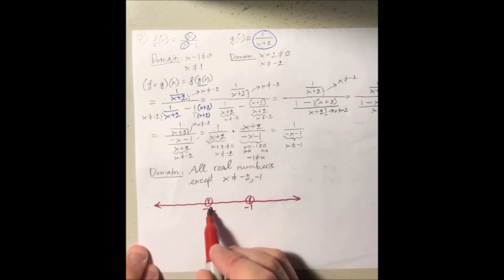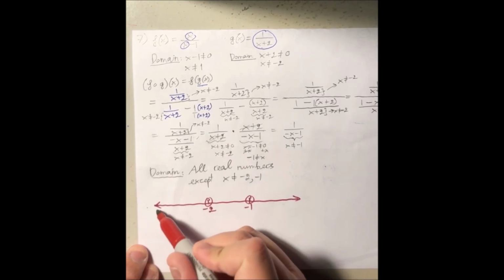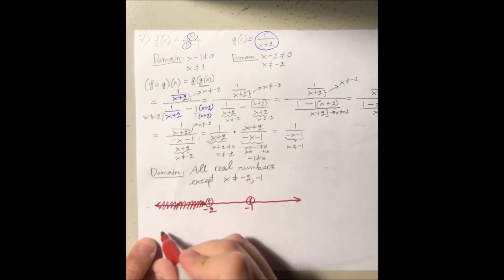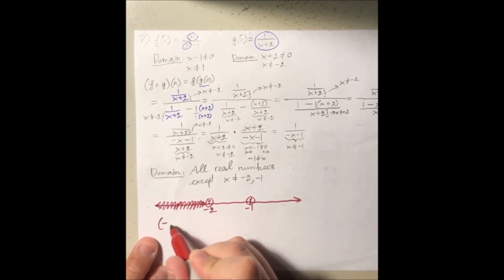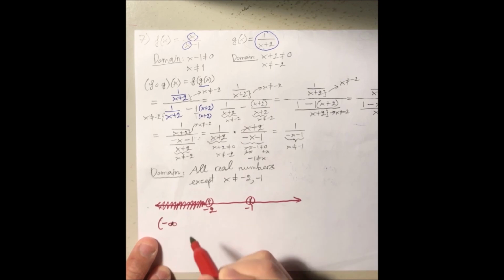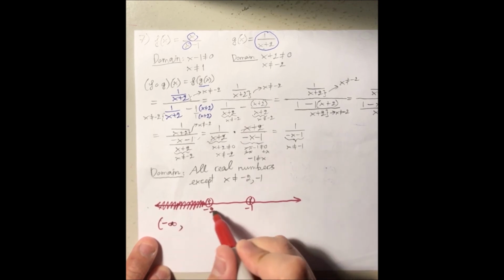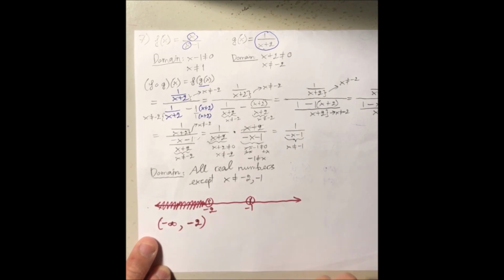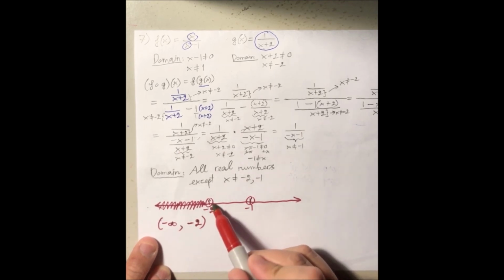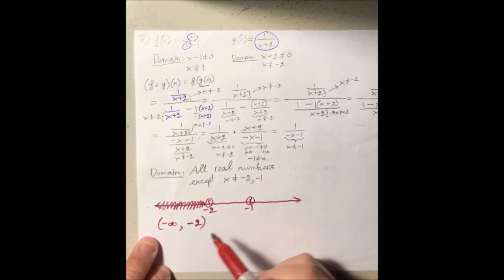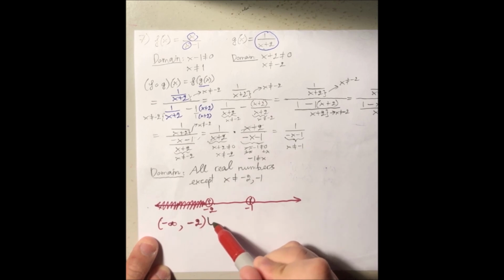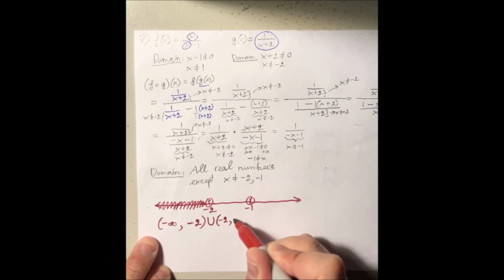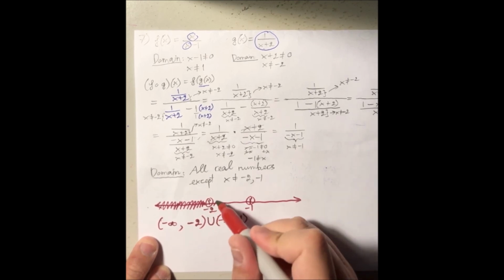We're going from -infinity up to -2, but not including -2. So this part that I'm shading, and always the parentheses at the infinity, and we are excluding -2, so we are putting the parentheses. We are jumping to the next part, which is between -2 and -1, so we are supposed to put the union sign, and then still excluding -2 up to -1, but not including it.